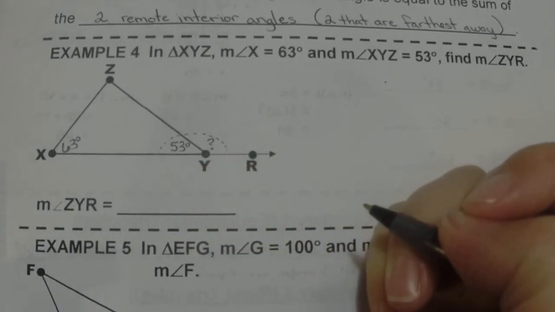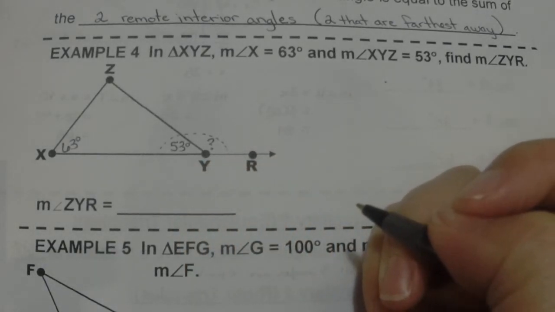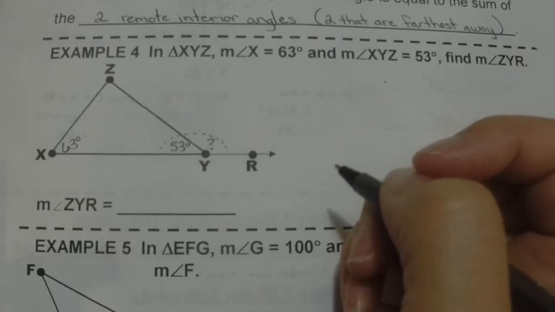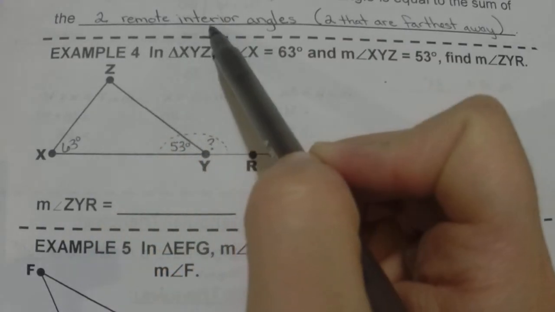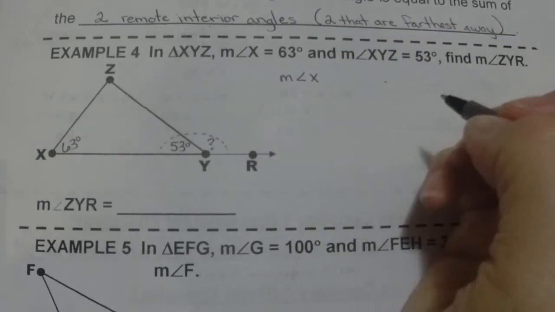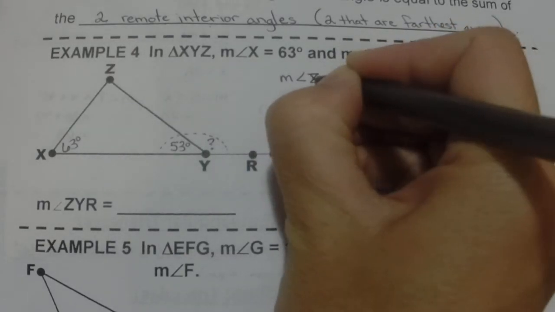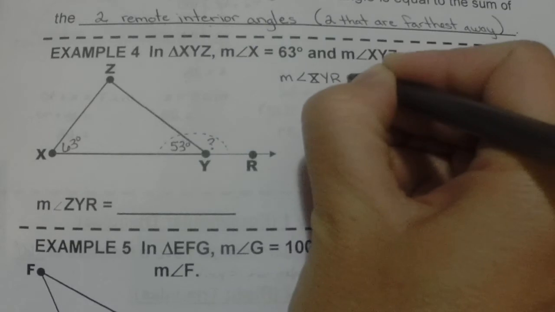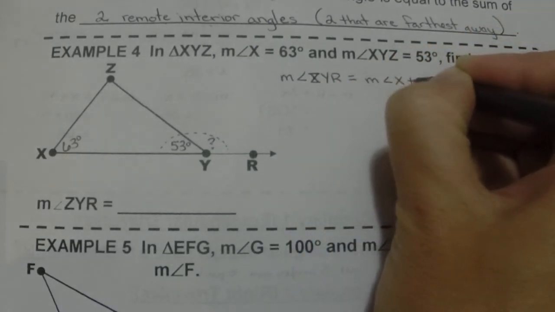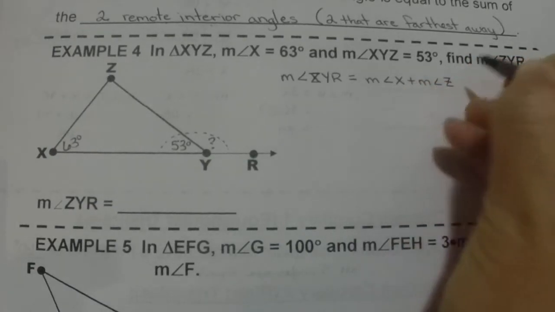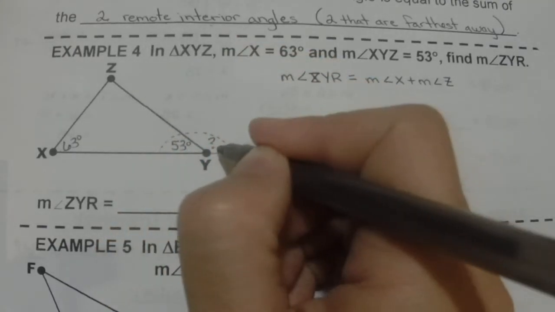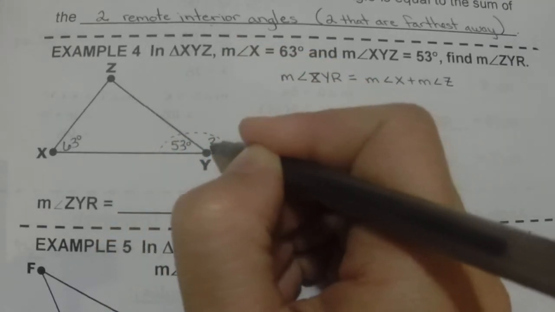Okay, they're still a linear pair, so it should be 180. So you could just subtract. But what they're wanting you to do is to use the two remote interior angles. So the measure of angle z, y, r should be the sum of the measure of angle x plus the measure of angle z. These, x and z, are the two angles that are the farthest away from this one here.